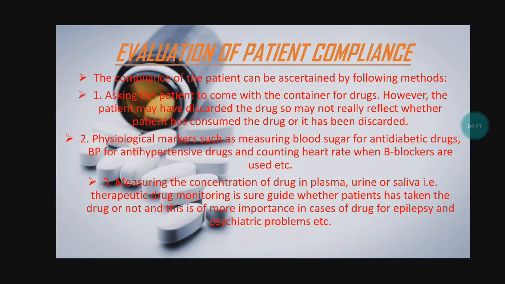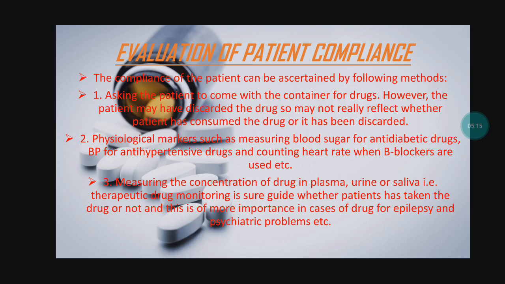The evaluation of patient compliance. The compliance of the patient can be ascertained by the following methods. Number one, asking the patient to come with the container of drugs. However, the patient may have discarded the drug, so this does not really reflect whether the patient has consumed it. The second, physiological markers, such as measuring blood sugar for anti-diabetic drugs, BP for antihypertensive drugs, and counting heart rate when beta blockers are used.